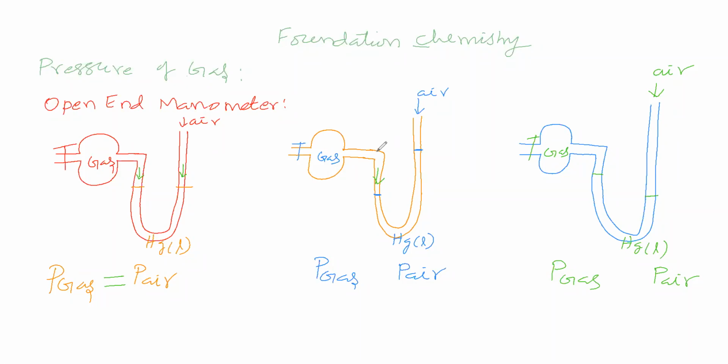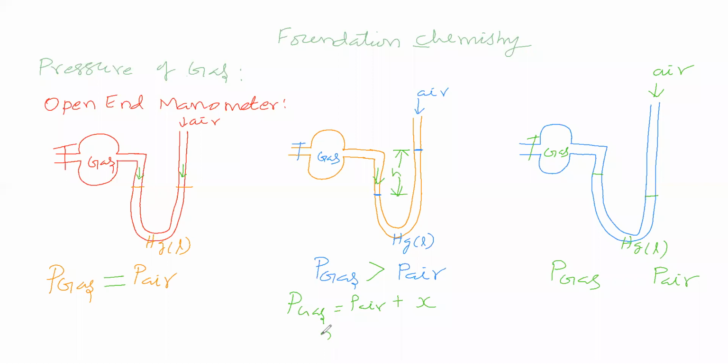Pressure exerted by the gas is high when compared to air. That's why the left limb is lower and the right limb is higher. So pressure exerted by the gas is equal to pressure exerted by the air plus some value. This value depends on the difference in height.